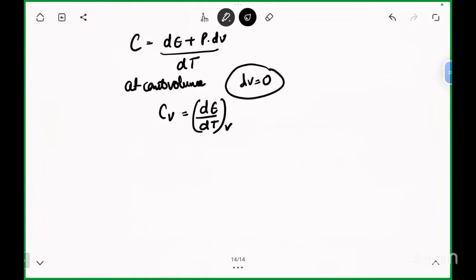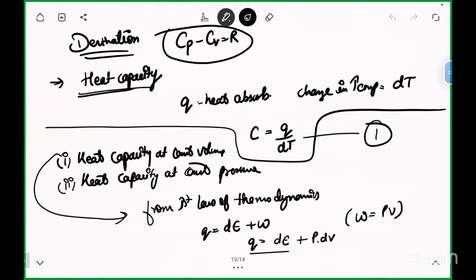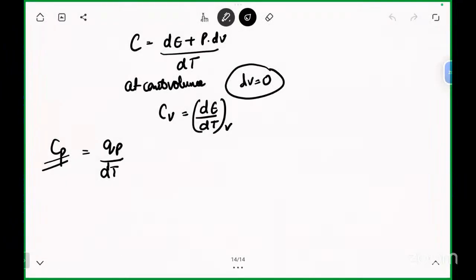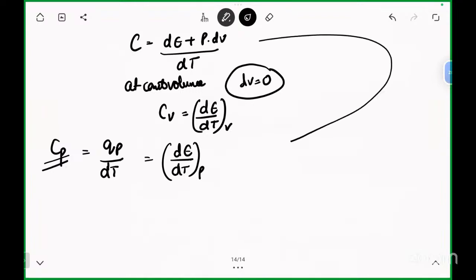Now let's calculate the Cp. Cp is equal to Qp upon dT. Again, same as before: if we have Q over dT, we just calculate the value of Q and put it in this particular equation, which is equal to dE over dT at constant P, plus P dV over dT.